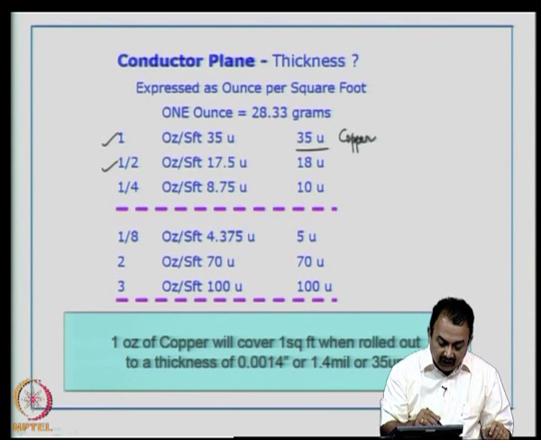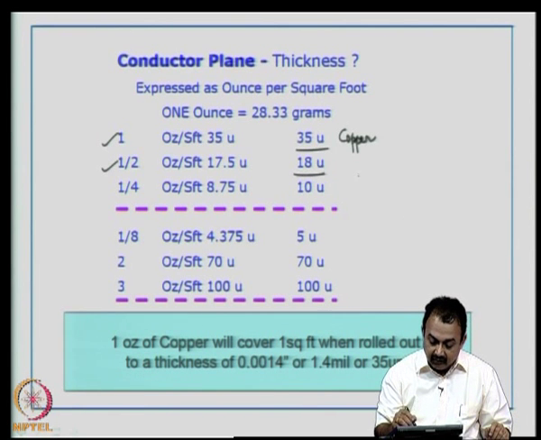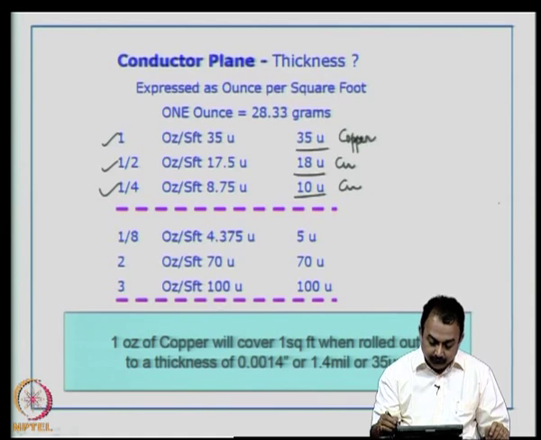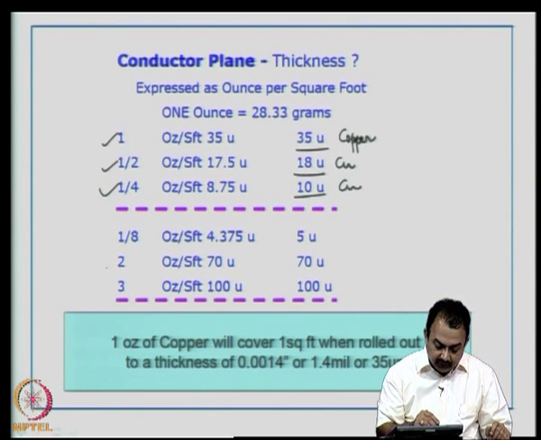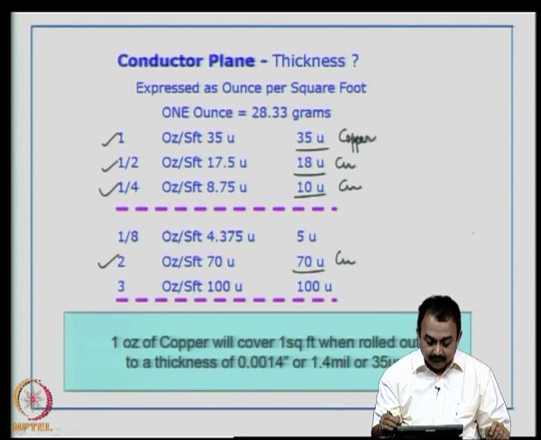Then you have half ounce Copperclad laminate, which contains 18 microns of copper, quarter ounce, which contains 10 micron of copper. For special applications like power applications, you tend to use 2 ounce copper, where you have 70 microns of copper, and so on.